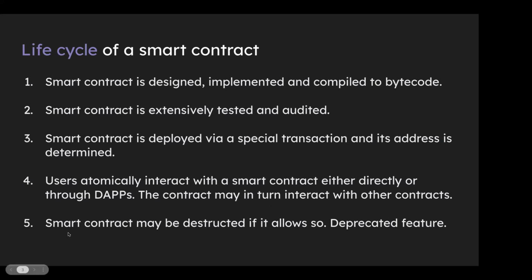And point number 5: smart contracts may be destructed if they allow so, but it is a deprecated feature. There is a special built-in function in the Ethereum virtual machine called self-destruct, and smart contracts may implement this function if they want. Under certain conditions, the user may call it, and the code placed beneath the smart contract will be destructed.